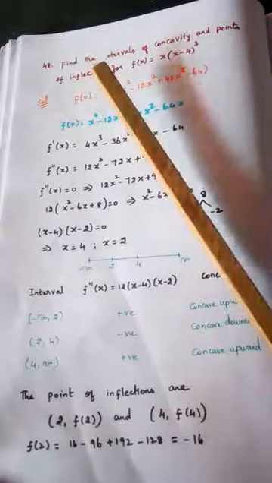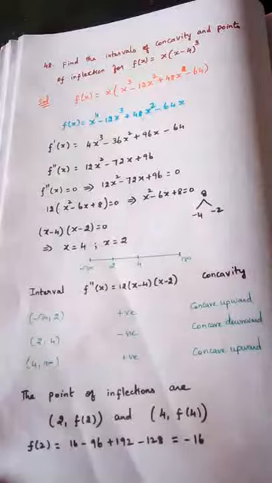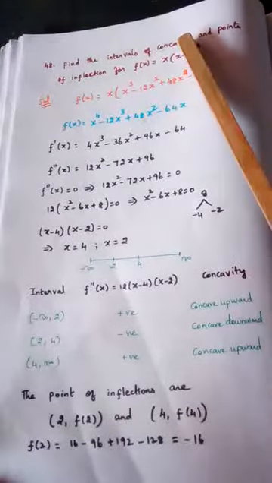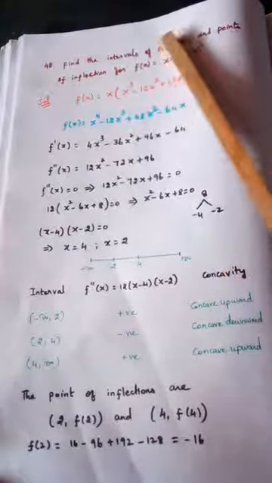You should always remember monotonicity and local extremum can be found using the first derivative. If we differentiate one time, that is enough to talk about monotonicity and local extremum. Whenever intervals of concavity and points of inflection are asked, we have to apply the second derivative.